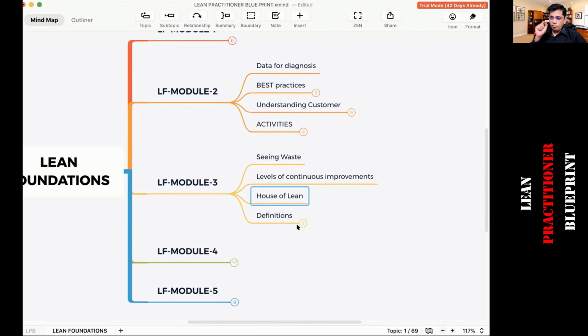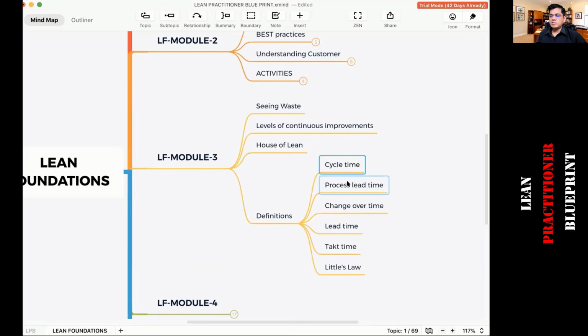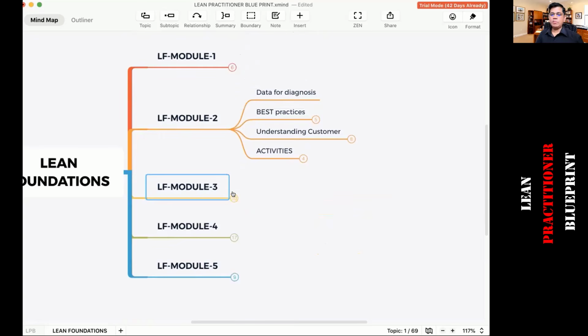And then now we are penetrating into some definitions. We will talk about cycle time, process lead time, changeover time, process time, and lead time, and takt time and Little's law. That's module 3 for you.